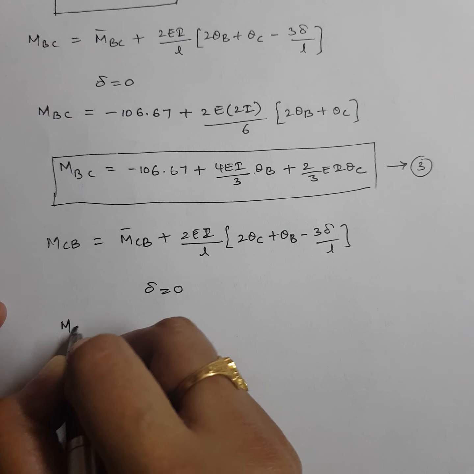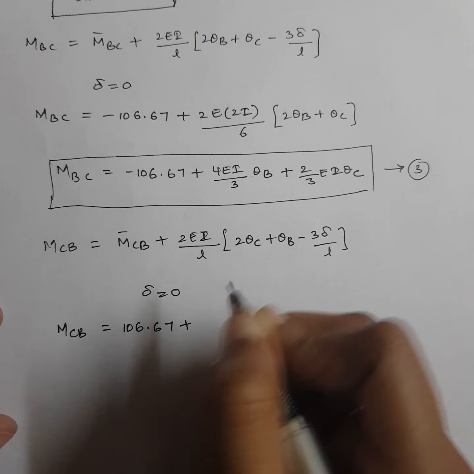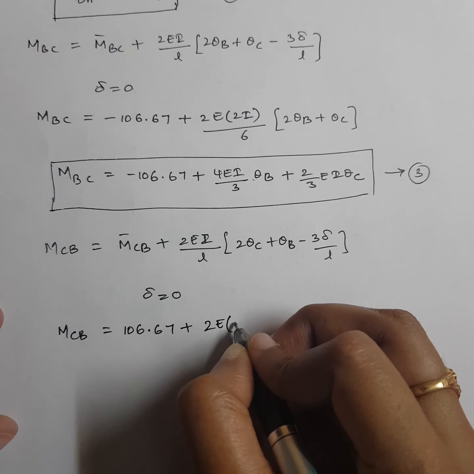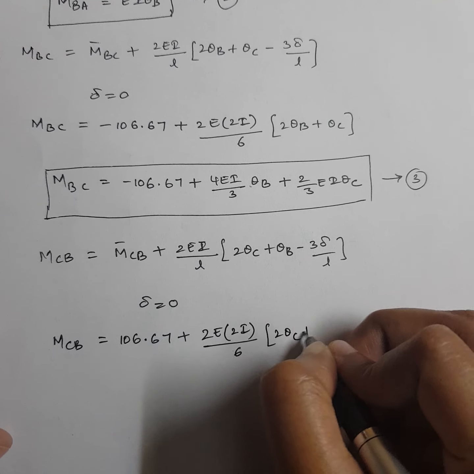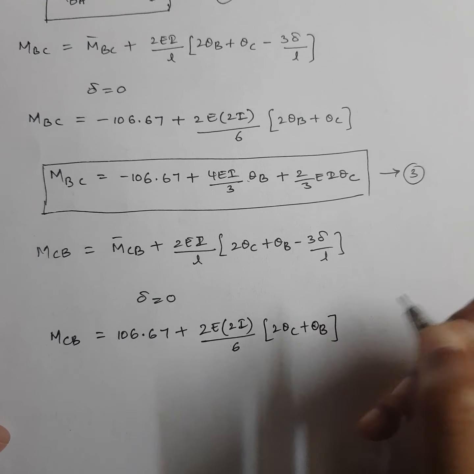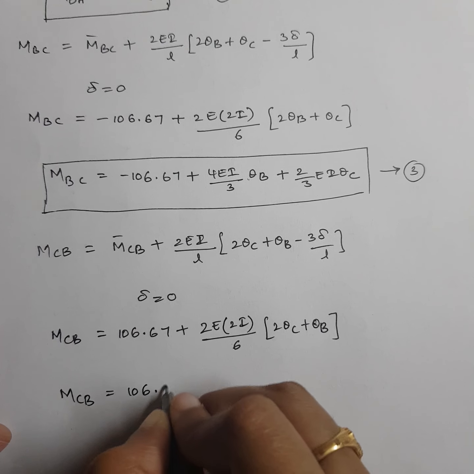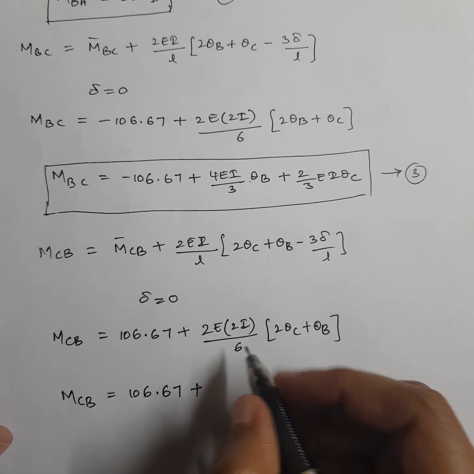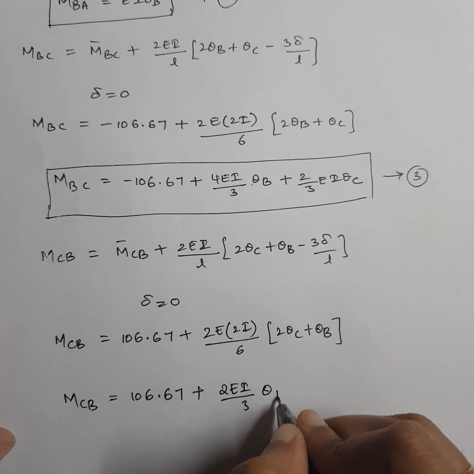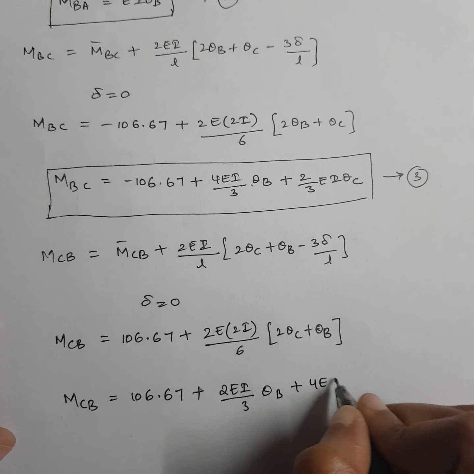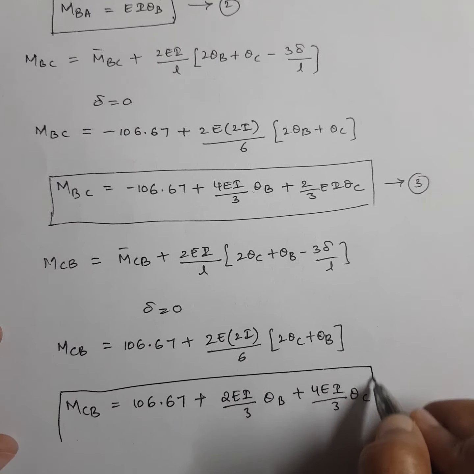So MCB will be equal to, what was M bar CB? 106.67, plus 2E into I, which is again 2I, by 6 into 2 theta C plus theta B. Now MCB is equal to 106.67 plus 2 EI by 3 theta B plus 4 EI by 3 theta C. This is equation number 4.